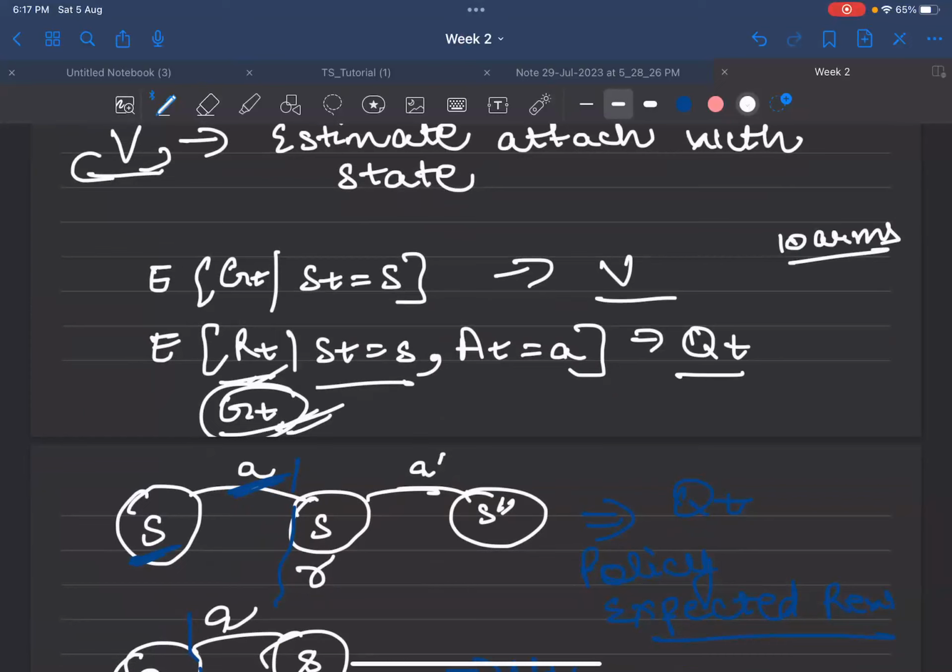You are saying that if you're having the 10 arms, then Q will become the V basically? No, ma'am, not basically. V will become the average of the QT of the 10 arms.